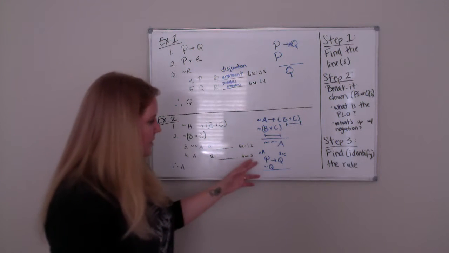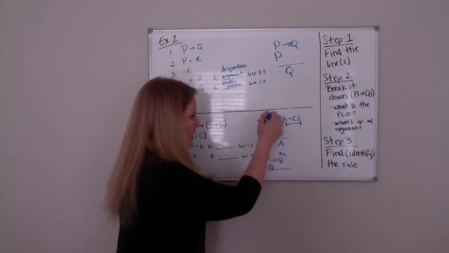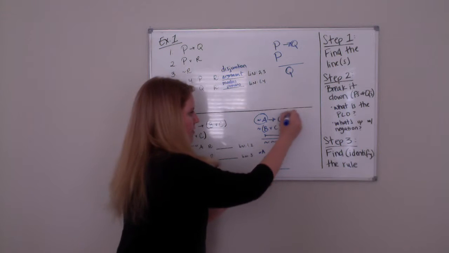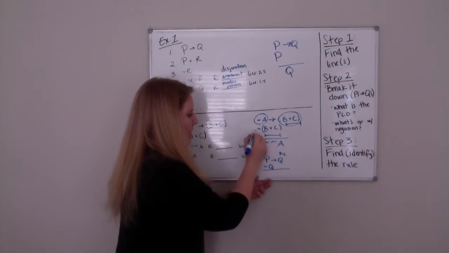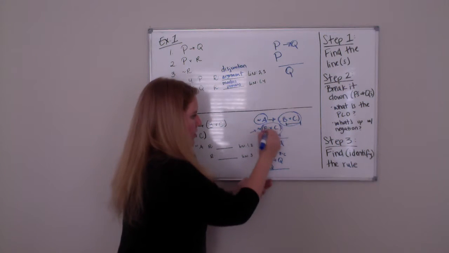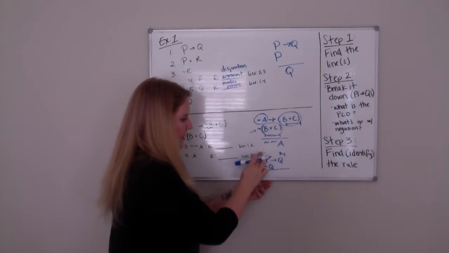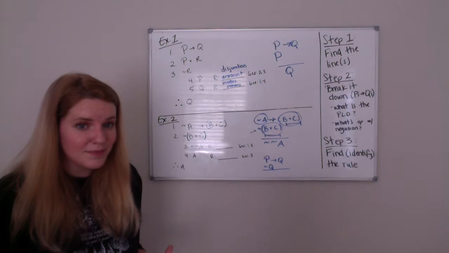Okay, we're just saying here we have the antecedent, the consequent, and the negated consequent.